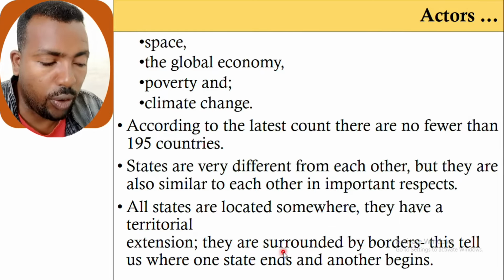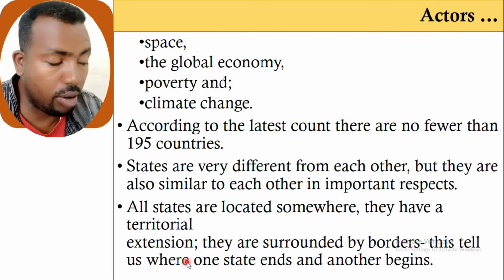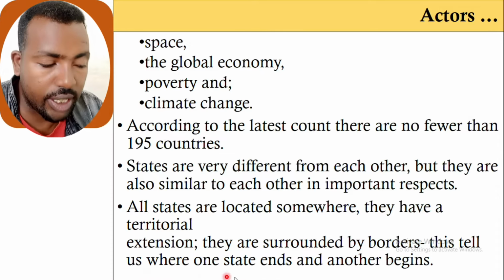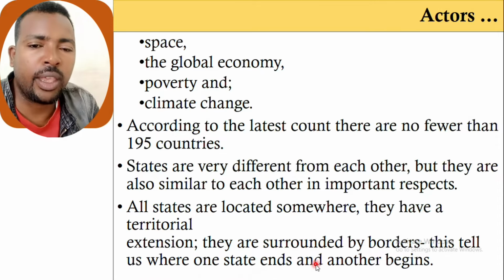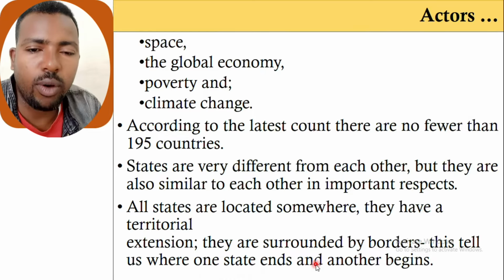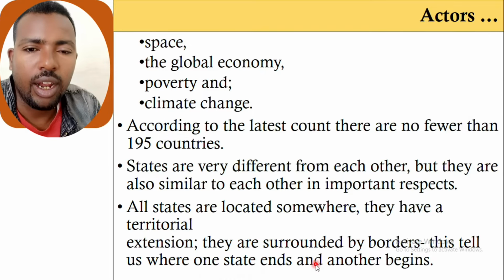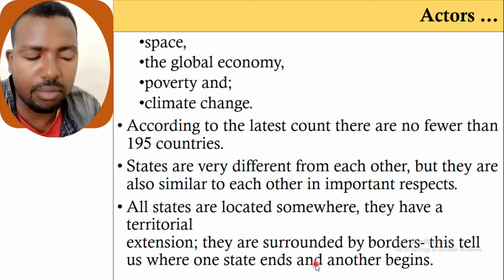They are also surrounded by borders, which tell us where one state ends and the other begins. This is the common characteristic that we see between states. No state exists in a vacuum. Every one of them has the characteristics that we have mentioned here.